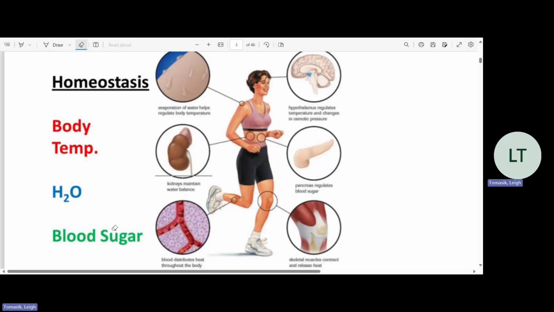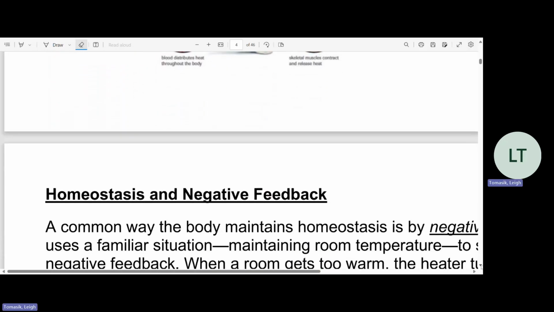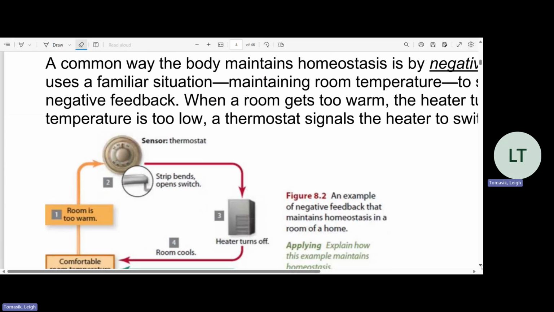What helped her maintain her blood sugar? Her hypothalamus, her pancreas, and her muscles, right? So all of that is trying to keep her body in a stable condition, and that's called homeostasis.